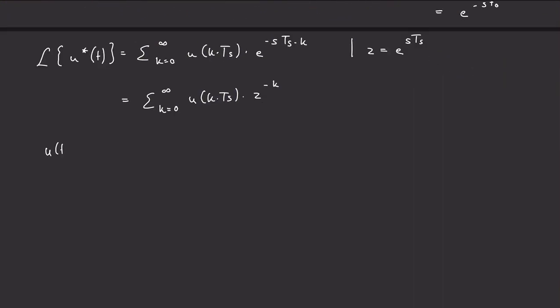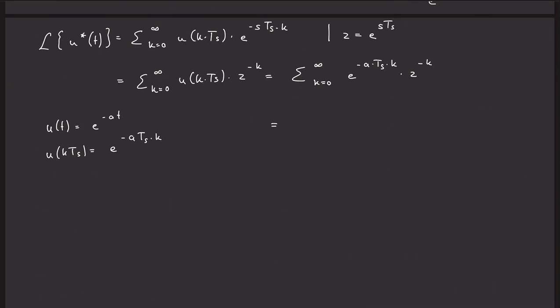If we get back to our original signal, and that was e to the power of a times t, and we plug in k times our sample period, that would be e to the power of a times ts times k, and we plug this into our function, so that e to the power of a times ts times k multiplied with z to the power of minus k.